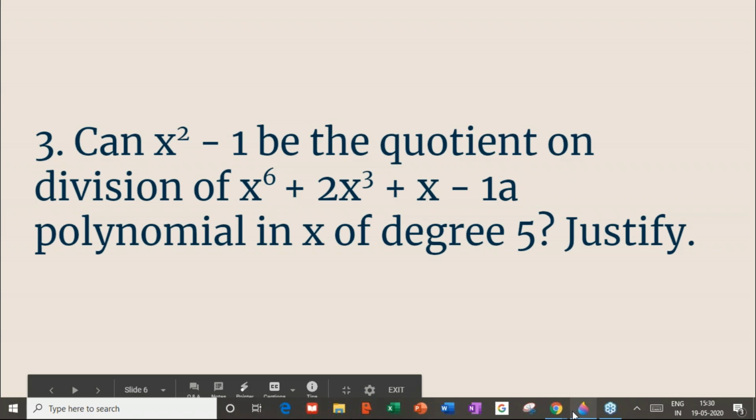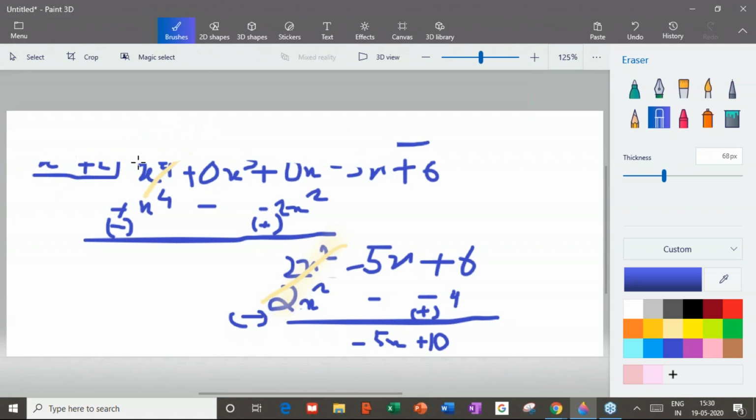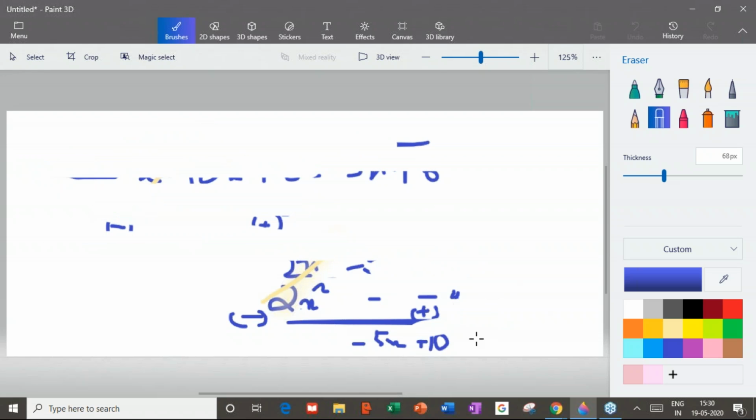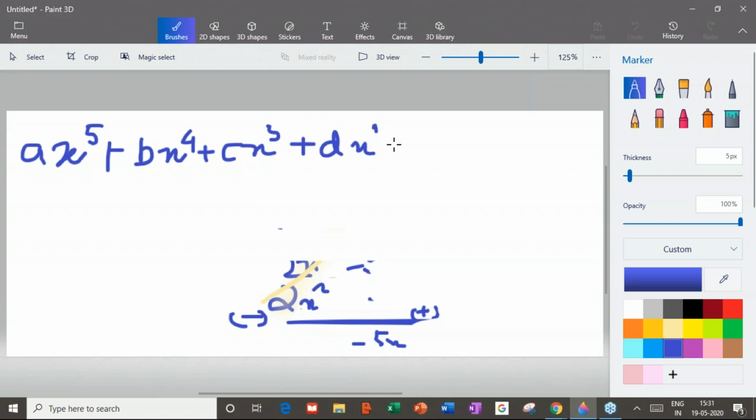It will be written like this: ax to the power 5 plus bx to the power 4 plus cx to the power 3 plus dx to the power 2 plus ex plus f. This is a polynomial of degree 5.